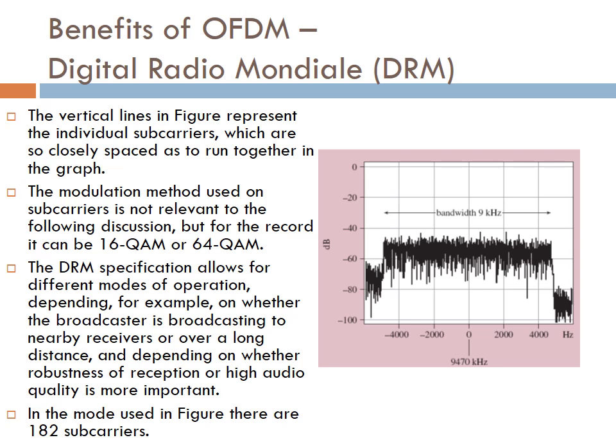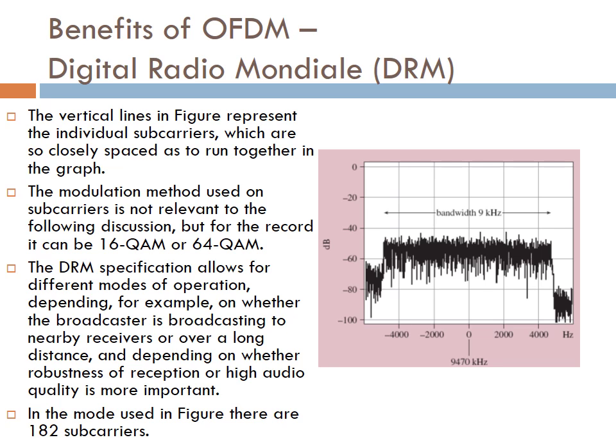The vertical lines in the following figure represent the individual subcarriers, which are so closely spaced as to run together in the graph. The modulation method used on the subcarriers is not relevant to the following discussion, but for the record, it can be 16 QAM or 64 QAM.